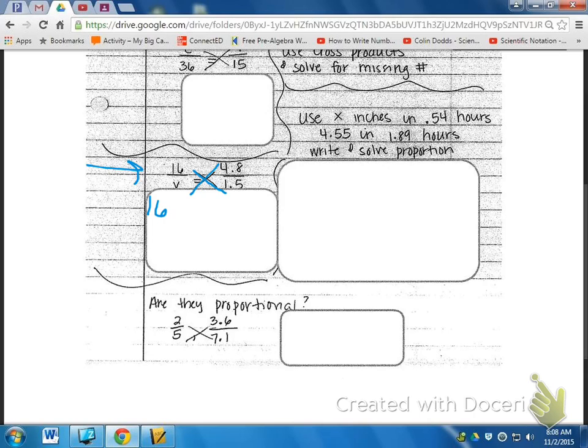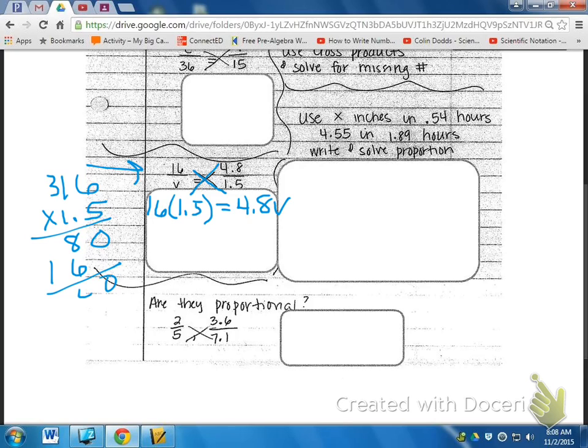So 16 times 1.5 equals 4.8 times V. So 16 times 1.5 off to the side. There's an 8. So 240 equals 4.8V. Last step is to divide by 4.8.